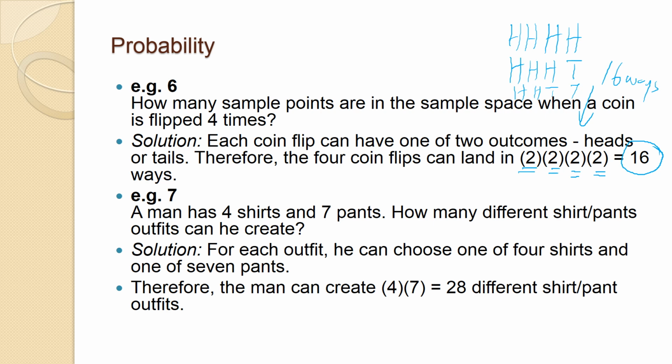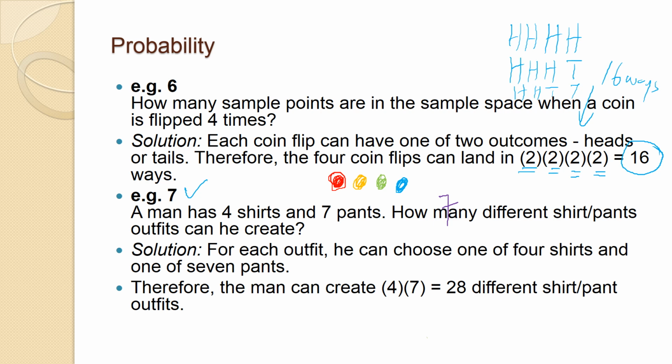For another example, in example 7, let's say a man has 4 shirts and 7 pants. How many different shirt and pants outfits can he create? He has, let's say, red shirts, yellow shirts, green shirts, and also blue shirts, for example. And he has 7 other pants that he needs to combine with these shirts.